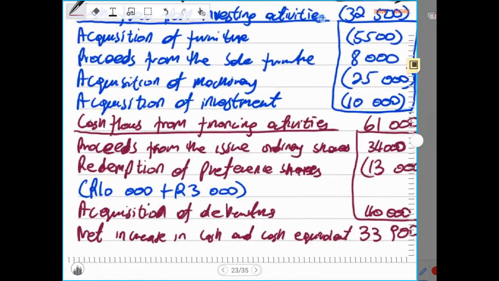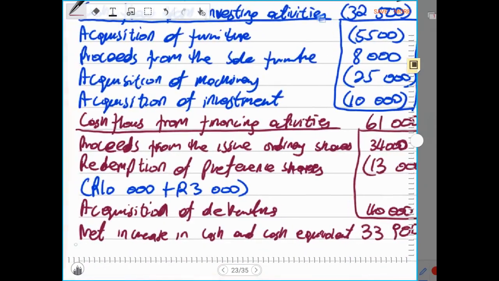So now we'll have cash and cash equivalent beginning of the year. Although I don't have space, it will be cash and cash equivalent beginning of the year, and our cash and cash equivalent beginning of the year was negative 11,000.